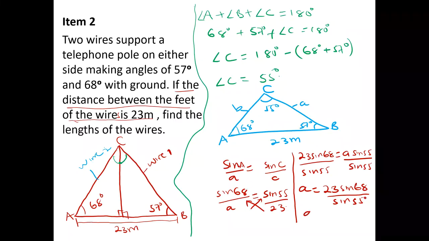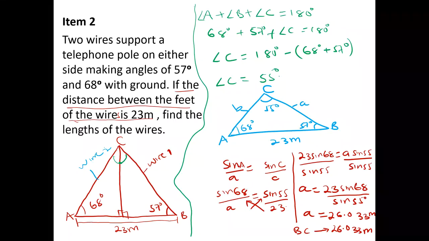And here we have the answer as 26.033 meters. So it means that the length of the first wire, BC, is equal to 26.033 meters.